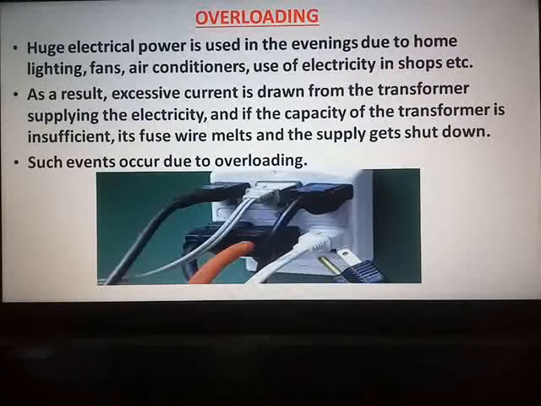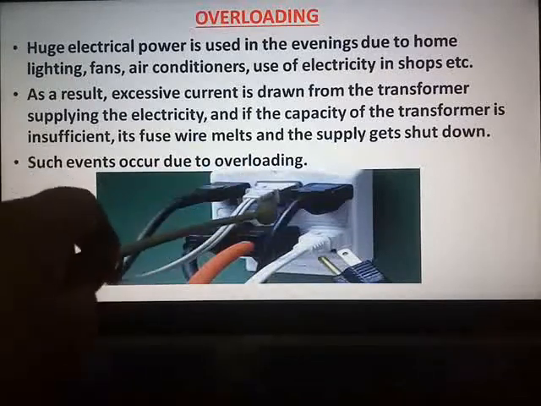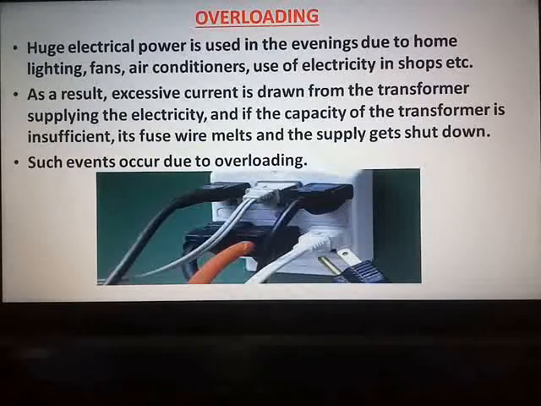You can avoid this overloading by not connecting many appliances at the same time in the circuit. This figure only tells you how many electrical appliances are plugged in at the same time. And if the electrical appliances are of high power rating, means they require a large amount of power for their operation.